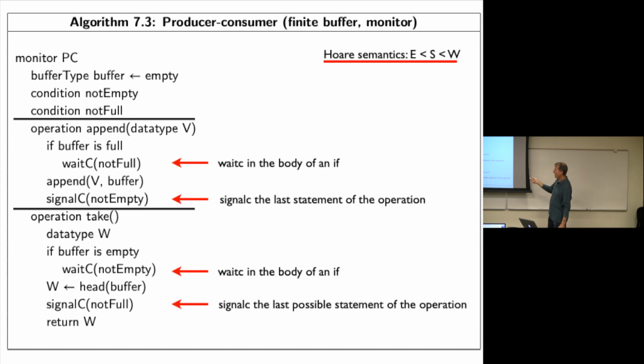And in order to append, when the main program calls append, what do we have to do here? We have to check if the buffer is full. So we assume that we can check whether the buffer is full and is empty, right? So if the buffer is full, what do we call?